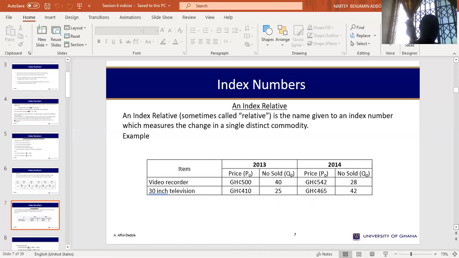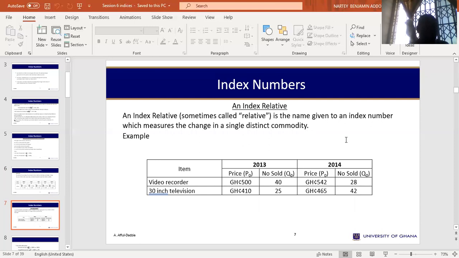So value in the base year is P0 multiplied by Q0. And value in the current year or any other year will be Pn times Qn.